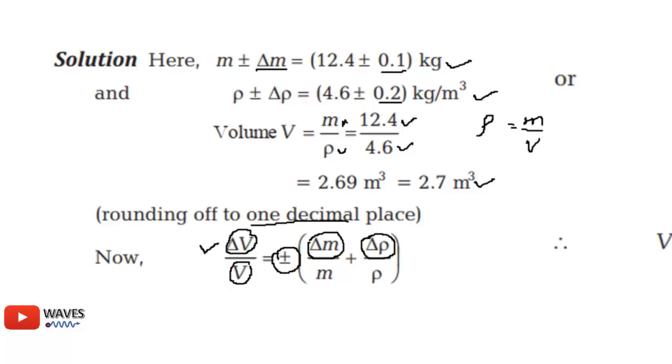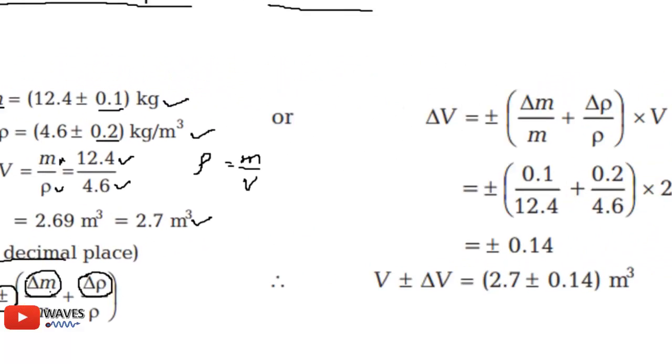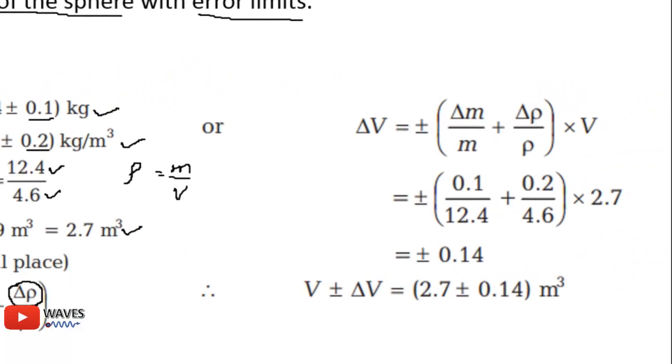So we have got mass and density. We are adding up the errors, but this time we are adding up the fractional errors. So in this case, we have got delta V, and we can just take that V here, and we have got a cross multiplication, and this is the final formula that I'm going to use.